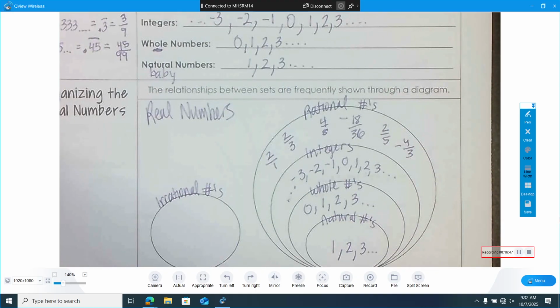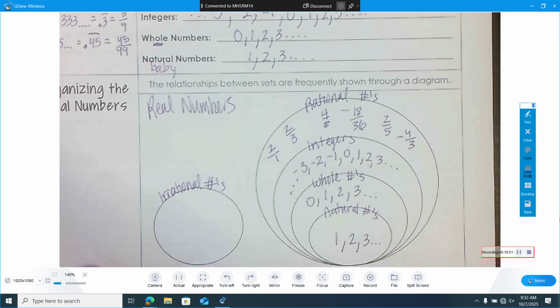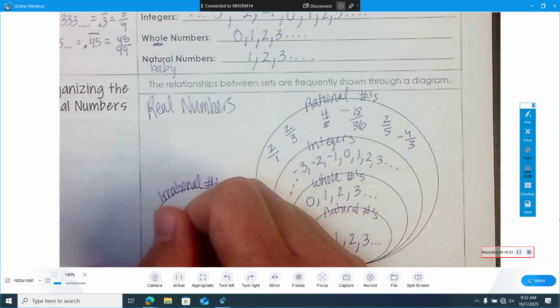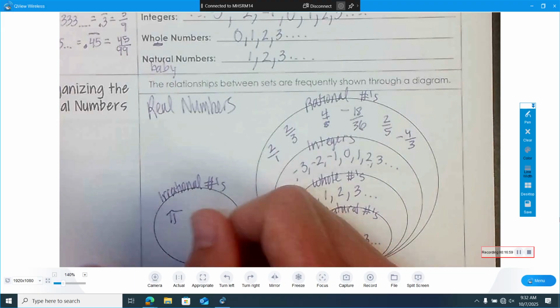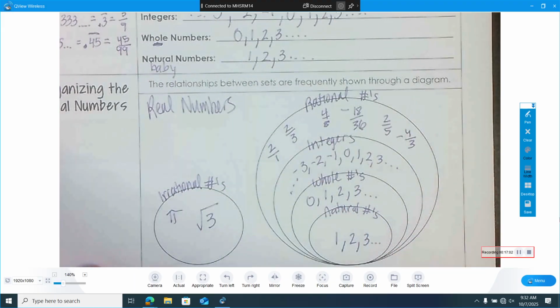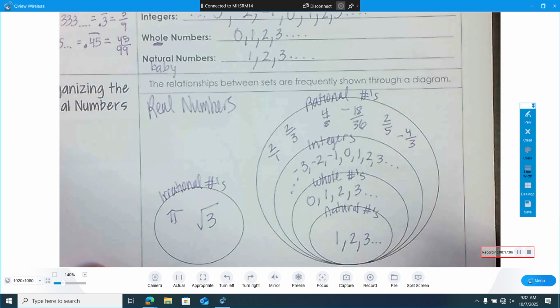All right. Irrational numbers. What are some irrational numbers? Pi is a good one. What's another one? Radical 3. Yeah. What about, I have a question.